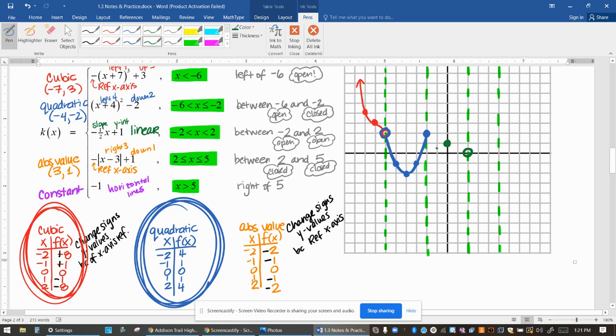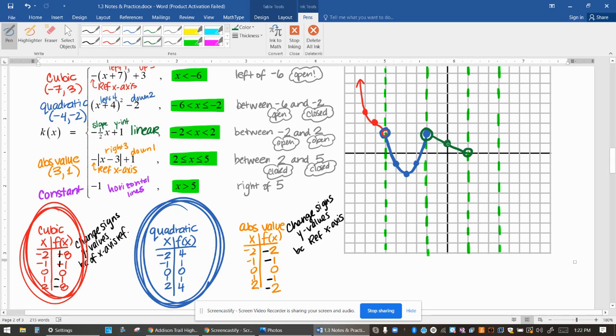I also need the part of the line that's to the left of 0 because they said from -2 to +2. So I'm just going to follow the slope of, instead of going down 1 over 2, I'm going to go up 1 over 2, and I'm going to draw in green over that closed point because I want it to be obvious that it's open for the green function, which is linear.